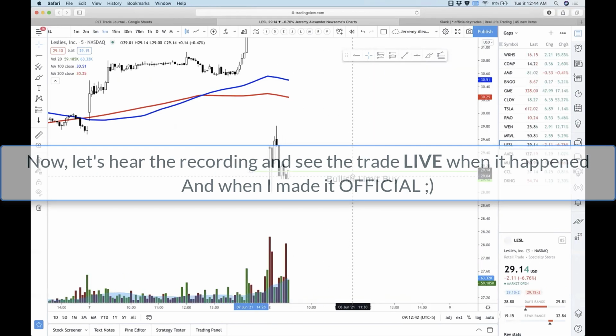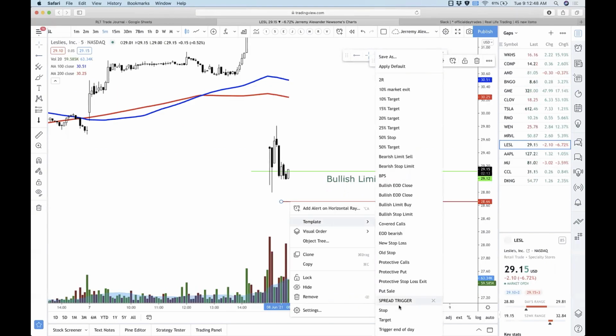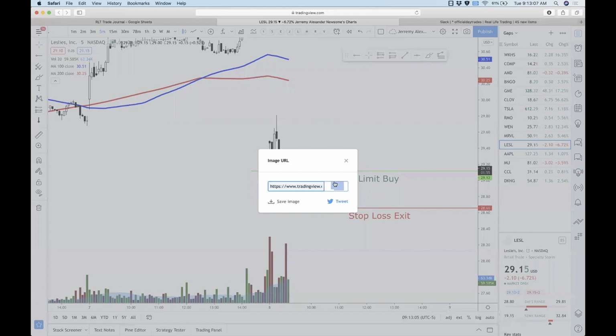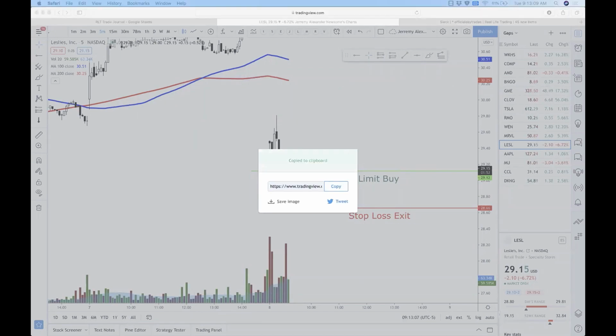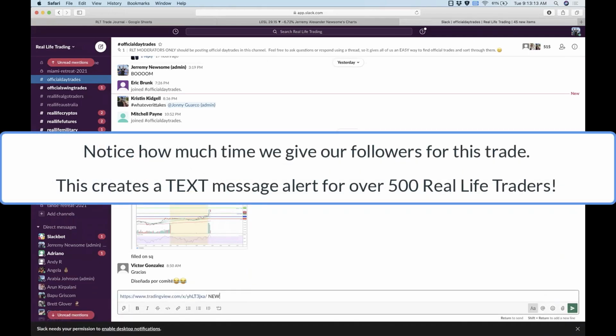Although this Leslie's trade might be it. All right, so let's do it. LESL, 29.12 by 28.66. New official day trade.